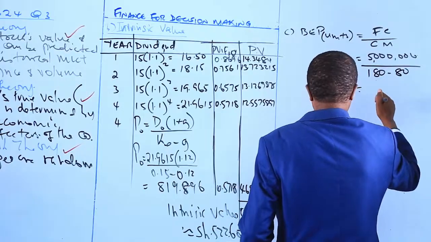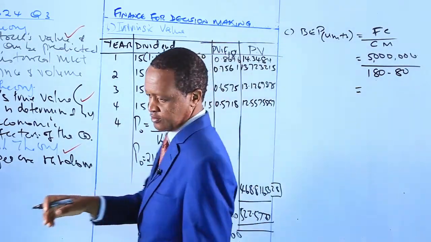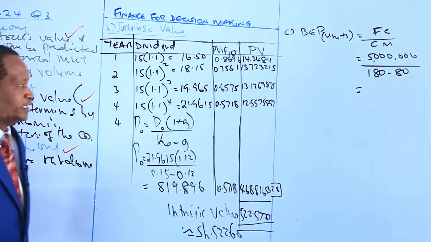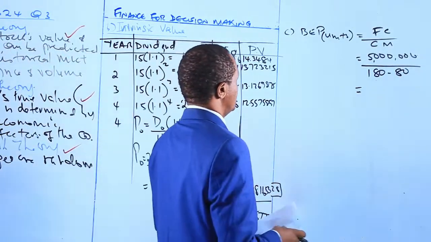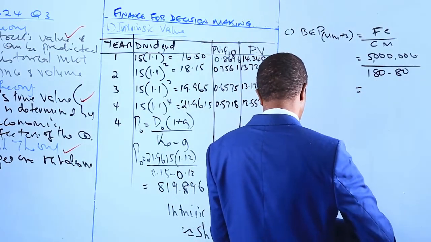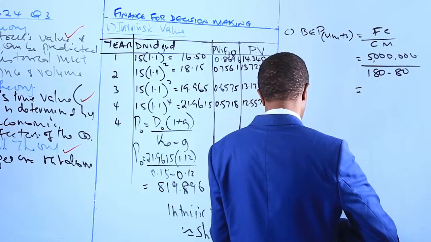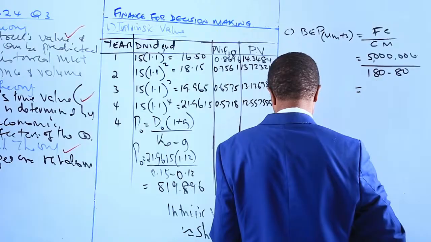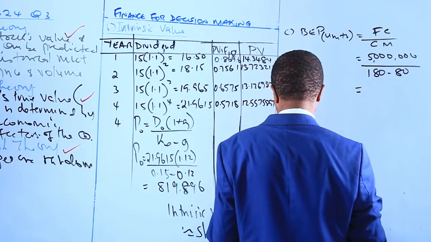So that will give us the break-even point in units. This will be equal to 5 million divided by 180 minus 80, which is just 100.